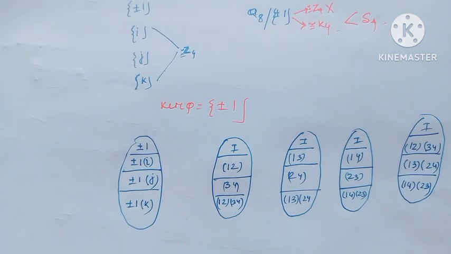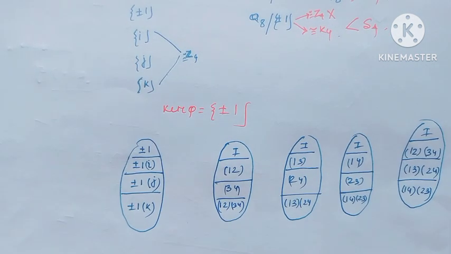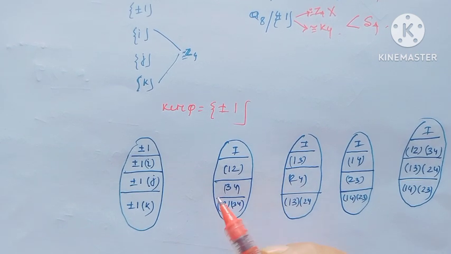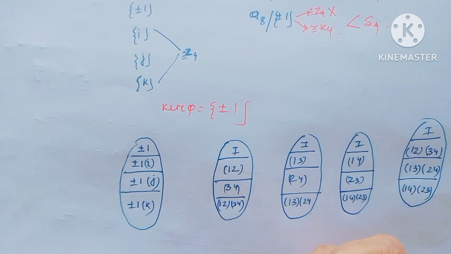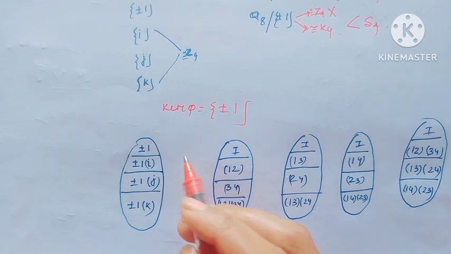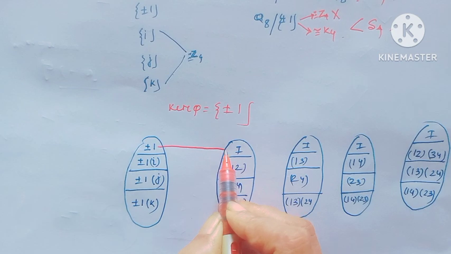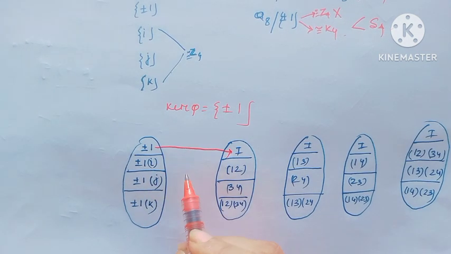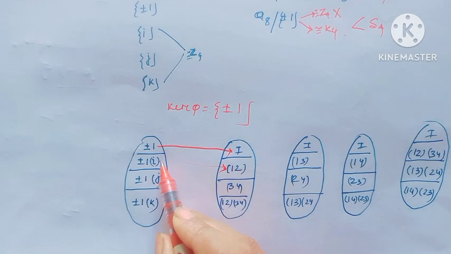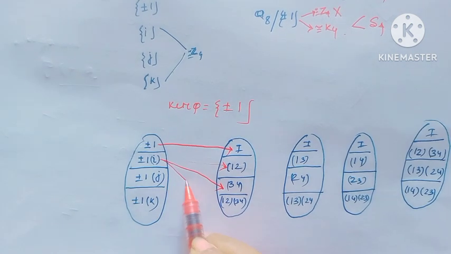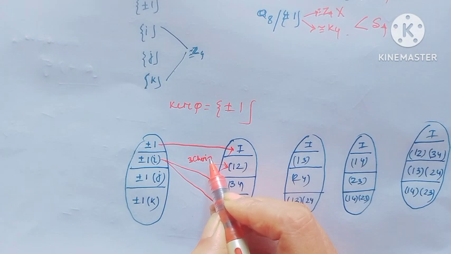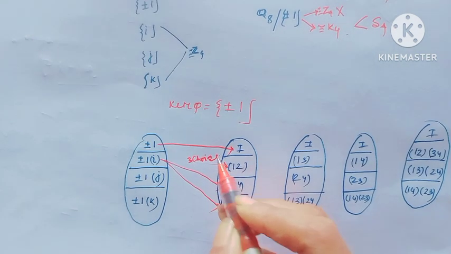We all know in S4 there is 1 subgroup of K4 type, because a few minutes ago I have seen the structure of S4. So plus minus 1 always maps to identity, and plus minus i maps to one of the three elements. That means there are 3 choices for plus minus i.